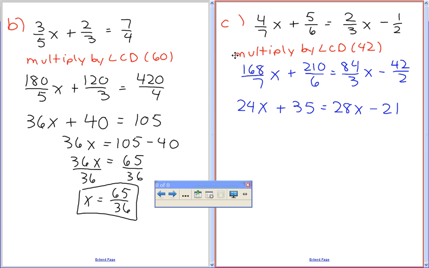All right, Maggie, what do I do now, please? Good, so on the left-hand side, go ahead. 24x. Good. Awesome. Chris, your turn. What do I do? Left-hand side turns to what?